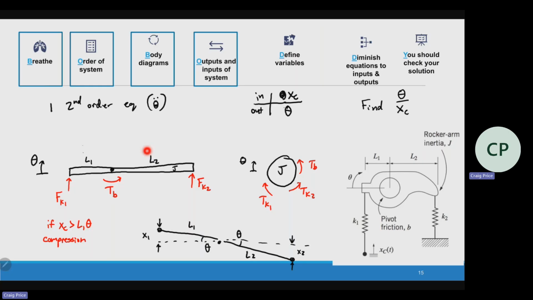But X1 is really related to theta. So now you can change X1 to be theta. X1 is related to theta. I don't want X1 or X2 in my final equation. I'm just putting them there as placeholders because I know my spring sees that vertical movement, but that vertical motion is related to theta.